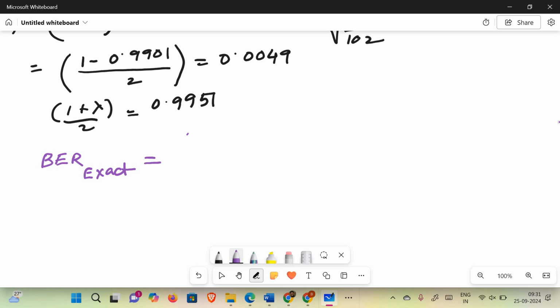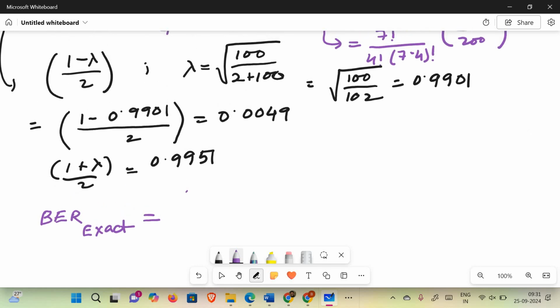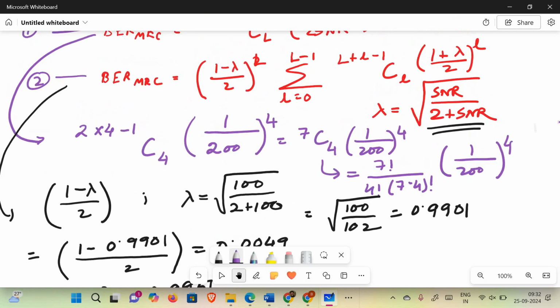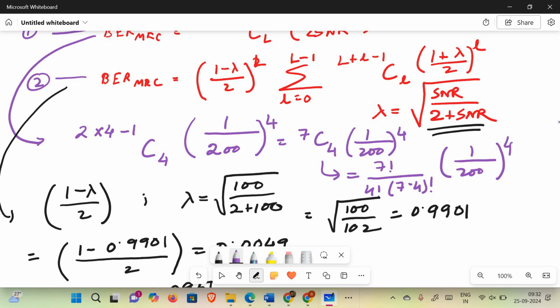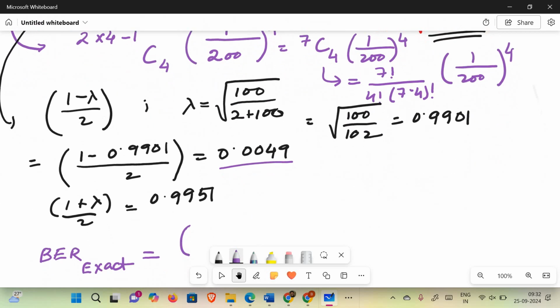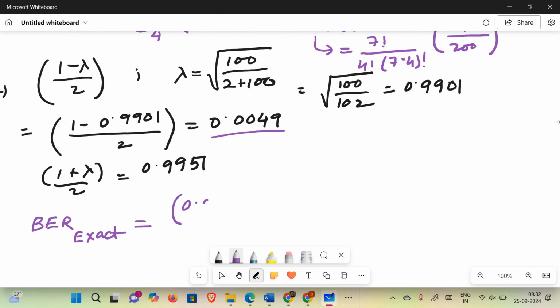First term, what is the formula? 1 minus, what is my 1 minus value? 1 minus value is 0.0049. So the formula is (1 minus delta by 2) whole to the power L, so 0.0049 whole to the power L. That's all.